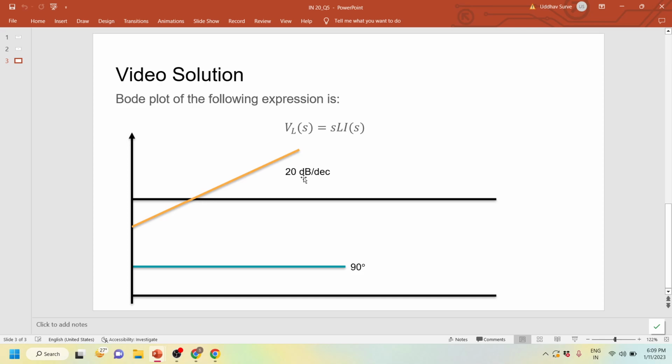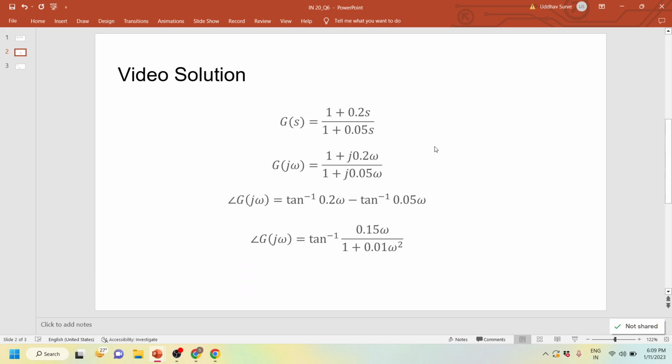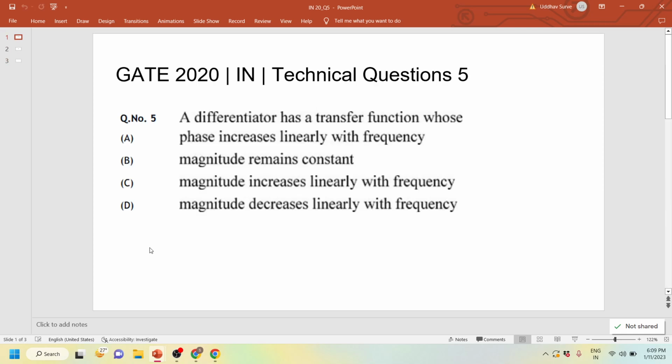This basically comes from the previous question, where we put s equal to jω, where the jω is representing that 90-degree phase angle, where the real term is 0, and this is the frequency axis. So as ω increases, the magnitude also increases linearly and phase remains constant. So magnitude increases linearly with frequency. C option matches. Phase remains constant. So I think C option is the correct option.